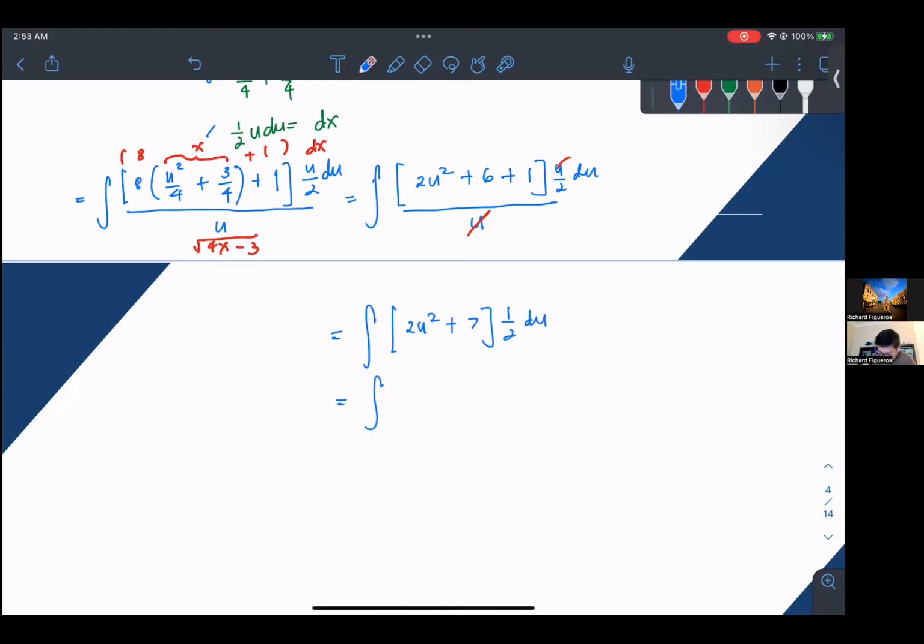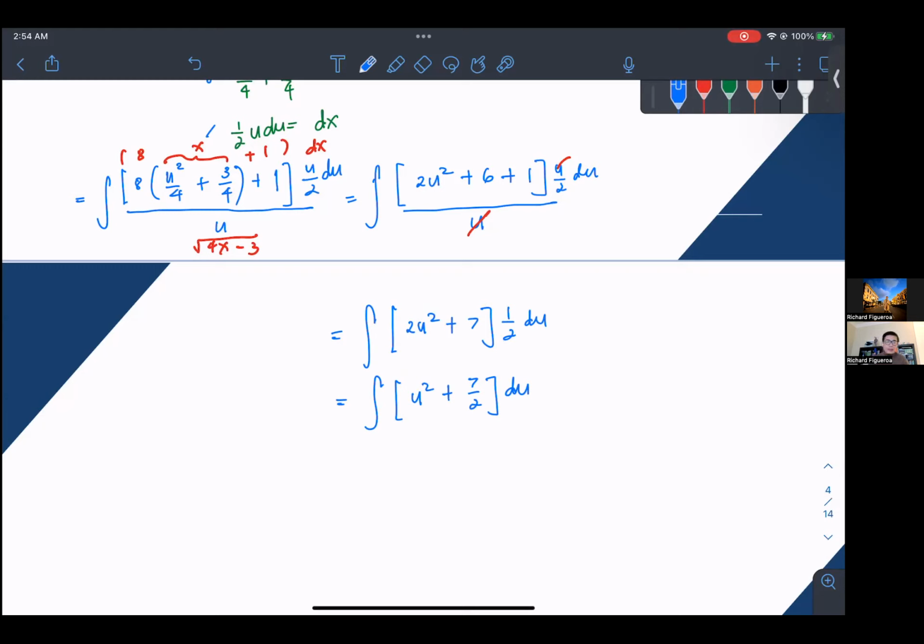So finally, we just have u squared plus 7 all over 2 du. And from there, that can be easily integrated.